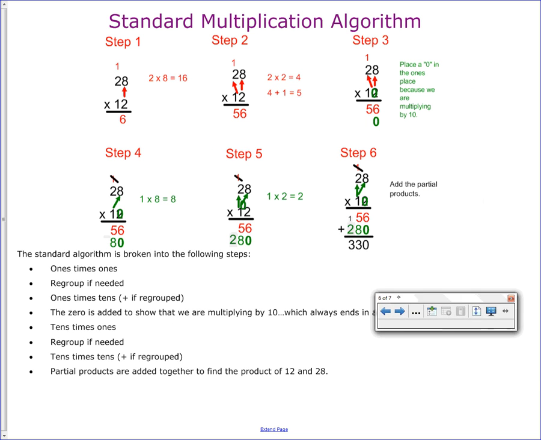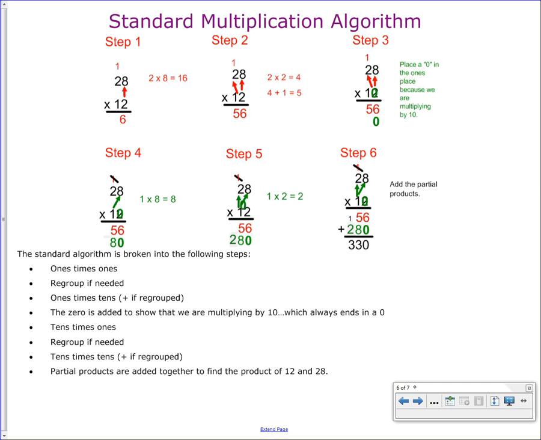Alright. There's a lot happening on this page. These are the steps for multiplying 2 digits by 2 digits. Here we have the 28 times 12, and they're showing you the steps. Just go through them. Step 1, step 2, step 3, step 4, step 5, step 6.